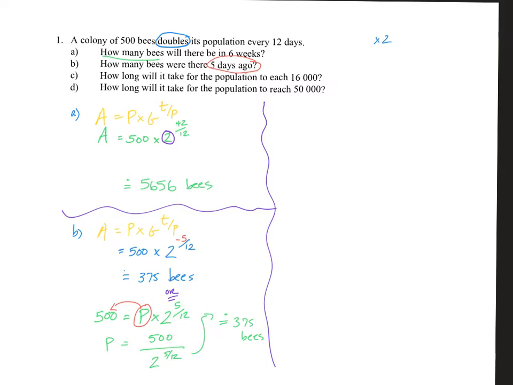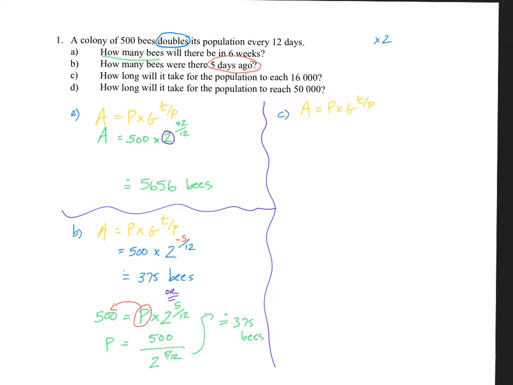Okay, let's jump into problem C. C states, how long will it take for the population to reach 16,000? Well, I notice that my population is doubling, and so I know that that exponential relationship is going to apply. Okay, what were my particulars about the relationship?